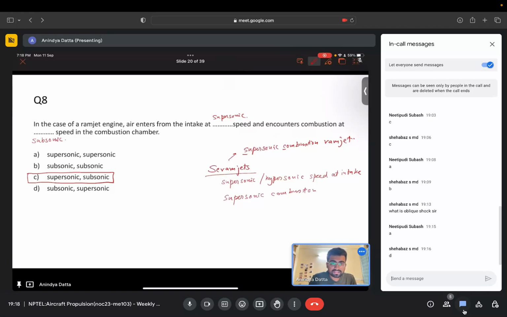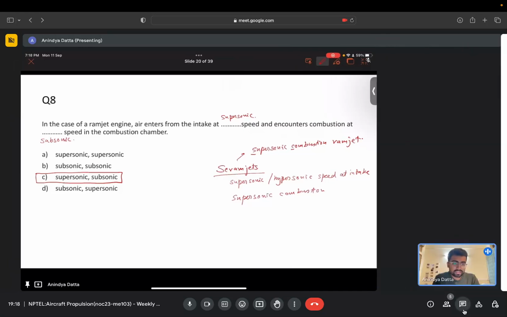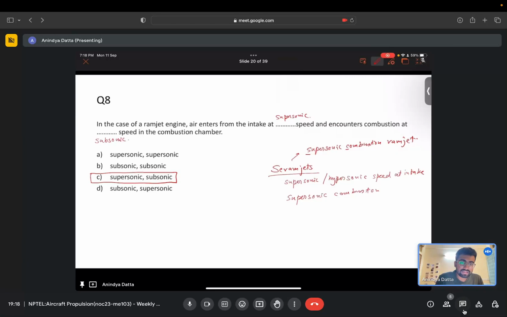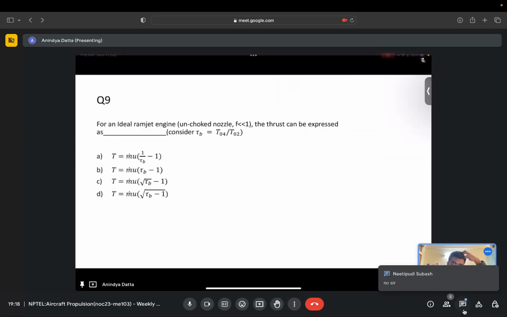That is the difference between scramjet and ramjet engines. That's why scramjets also generally go to hypersonic speed, so that is largely supersonic. Is this clear so far? Any questions? Okay, thank you. Let's move on.